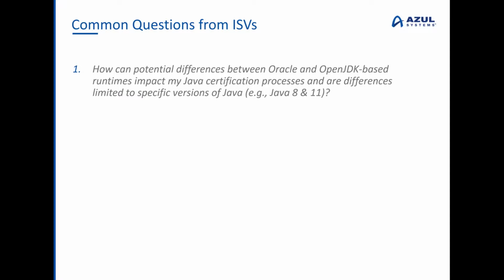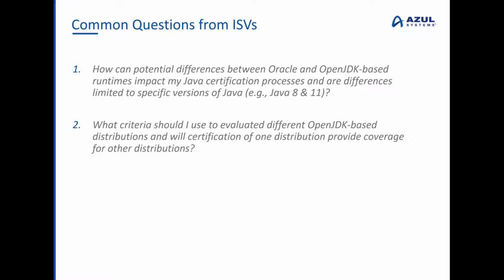That, of course, has changed with the new Oracle licensing models. OpenJDK is a very important open source choice that many ISVs are providing their customers. And it's important to understand that there are some subtle differences, and we're going to look at those so that ISVs understand some of the risks or specific areas of testing they need to look at.